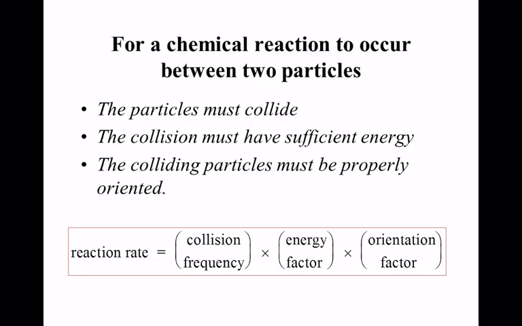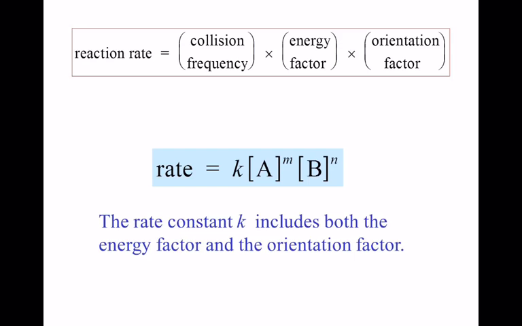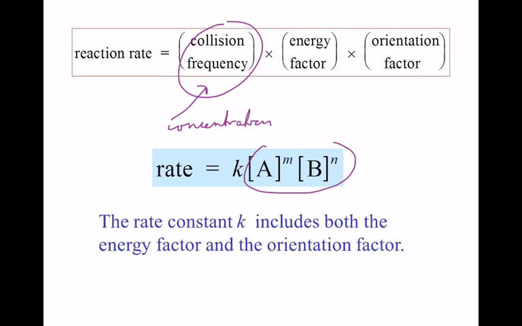So anyway, how fast will a reaction occur? Honestly, I'm going to go to this collision frequency, and to me, that deals with concentration. And when I look at the rate law expression, this really screams concentration.